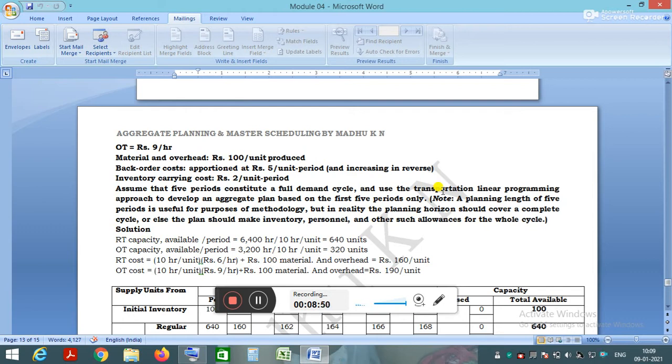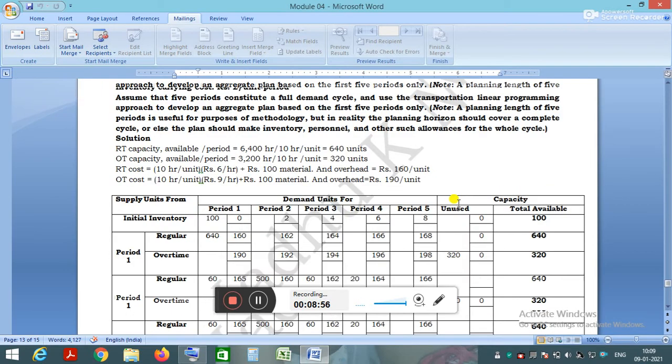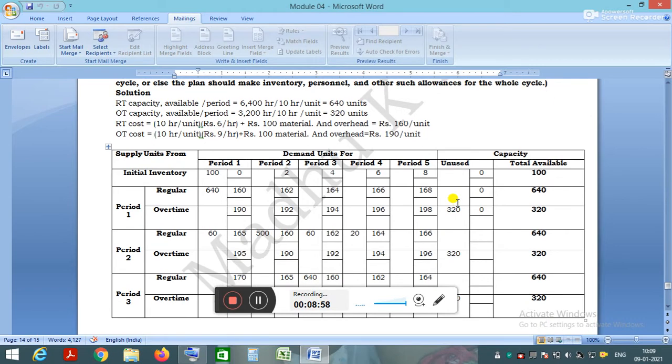Using this data we need to prepare the transportation model in aggregate planning. I already explained how to solve a problem in the transportation model, and we already solved one problem. The basic difference between the last problem and this problem is that in the last problem back ordering was not considered.